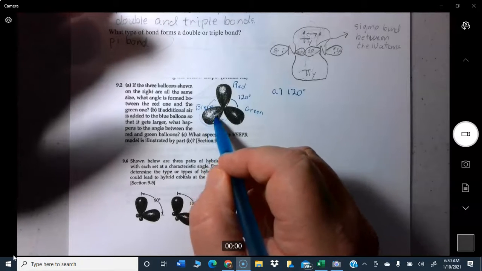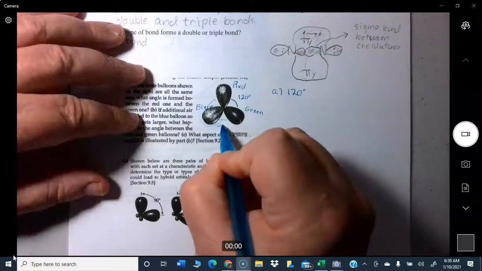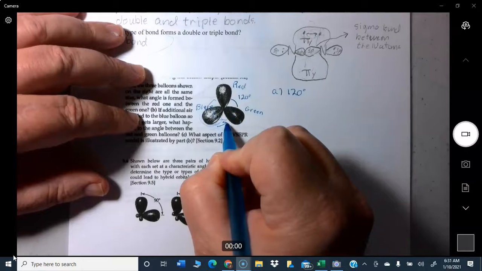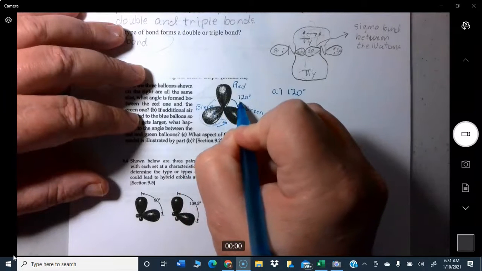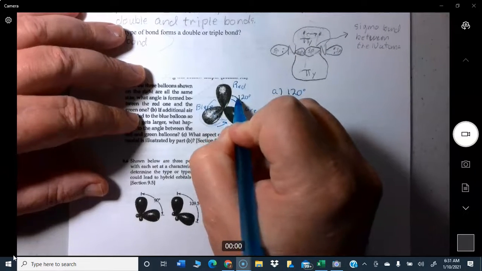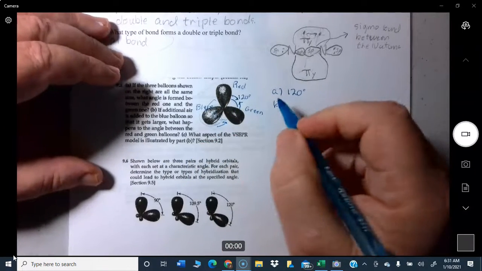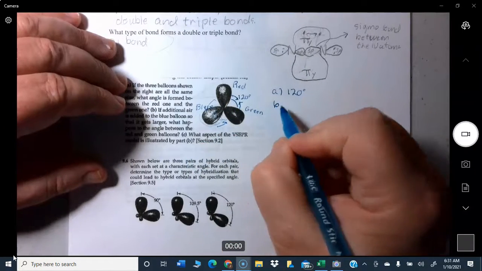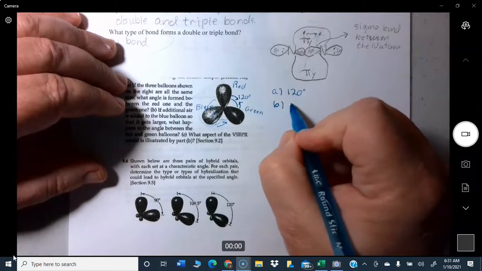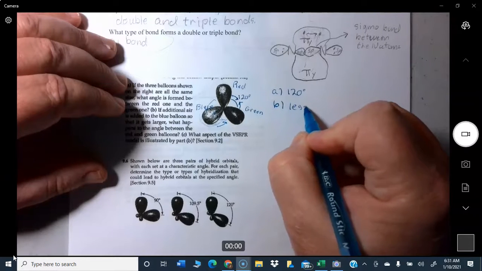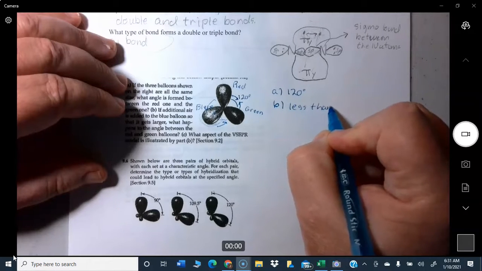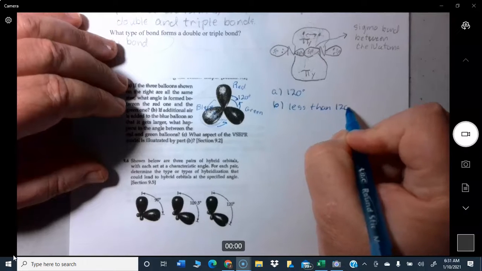So it's just pure negative charge here. So that's going to push this balloon this way, and this balloon this way. So it's going to decrease the angle. You don't know how much or what the number is, but you can just say less than 120-degree angle.